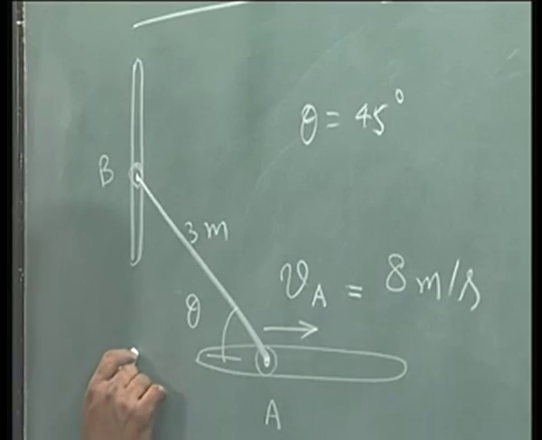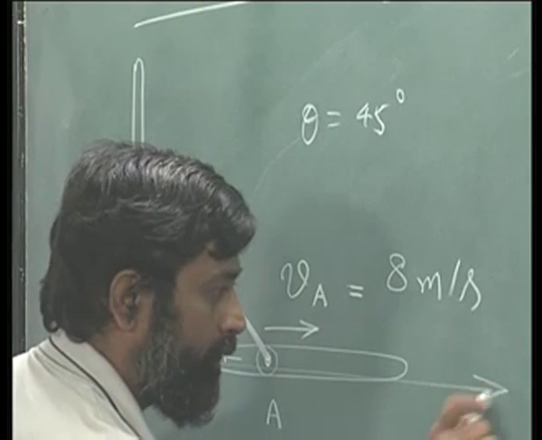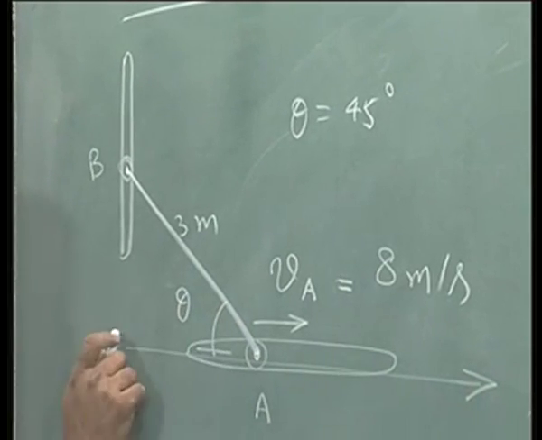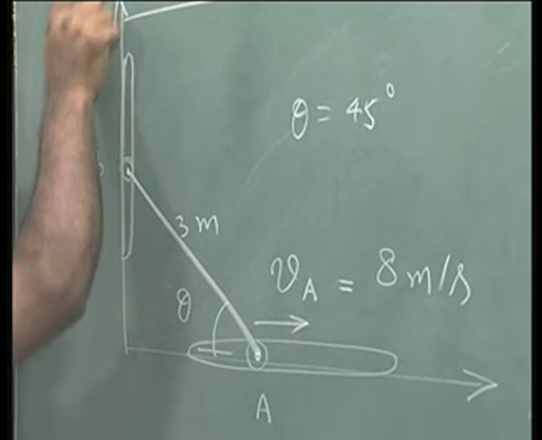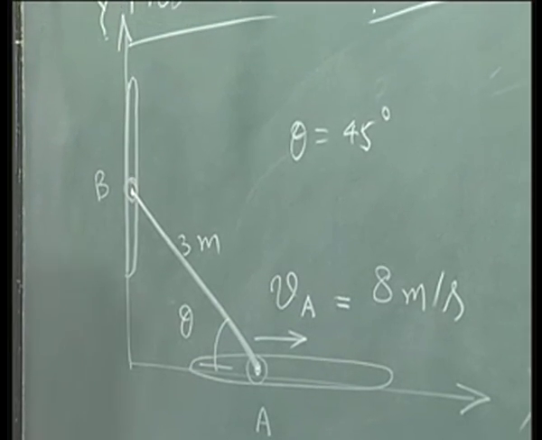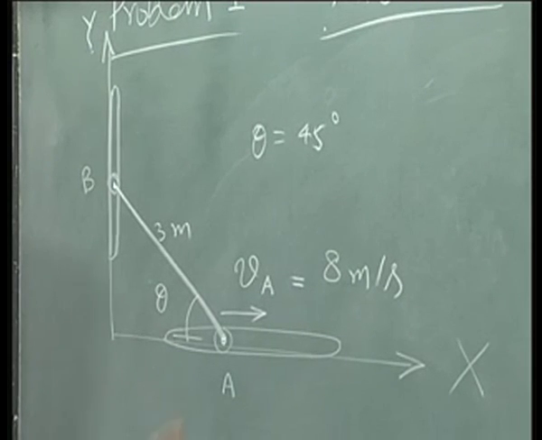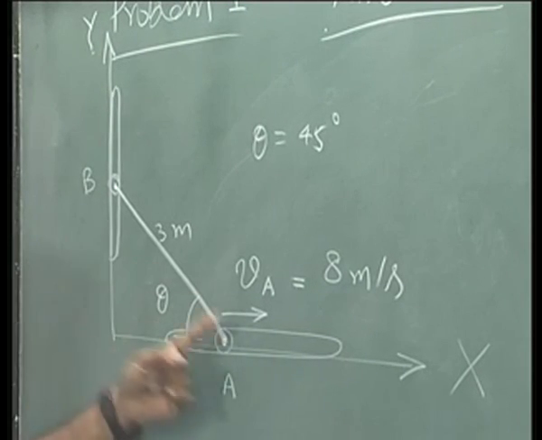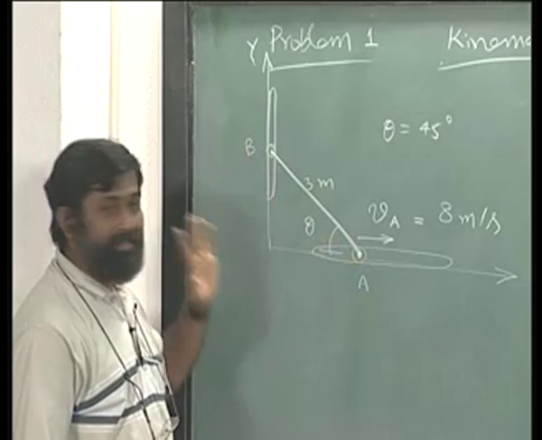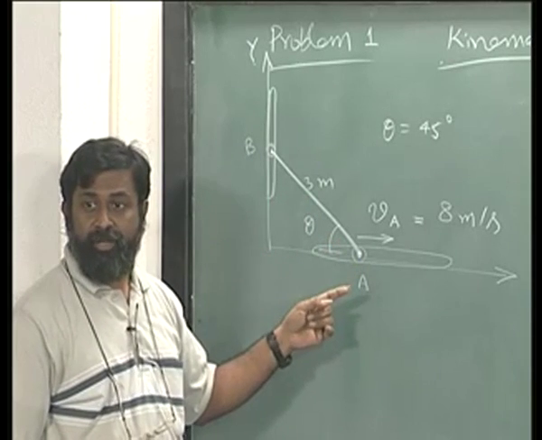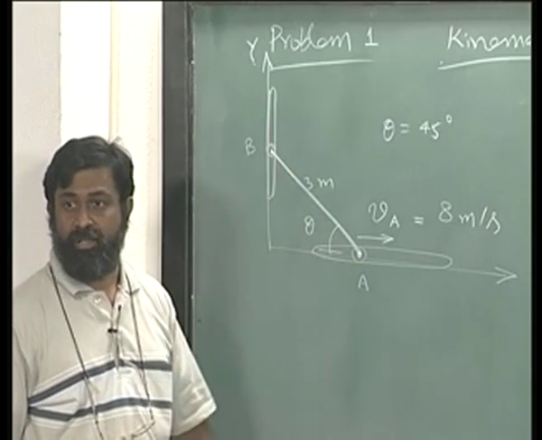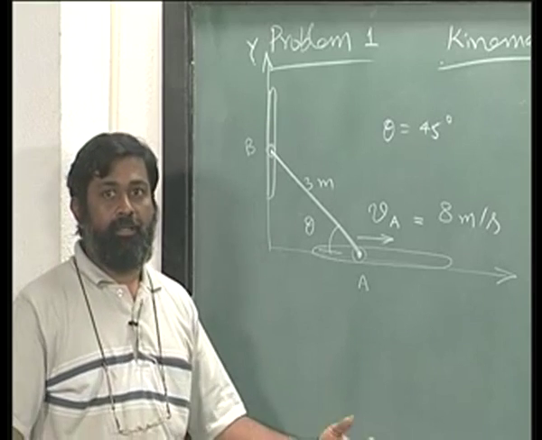So, I will fix a frame of reference, this is x and this is y. So, a fixed frame of reference is now given, this is B, this is A, the length is given, I need to find out the angular velocity. Very simple.